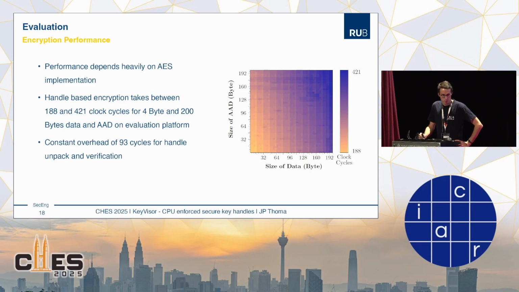For performance evaluation, of course, that also heavily depends on what kind of hardware implementation for the AES unit you choose, and you could imagine all kinds of area-performance trade-offs here. In our implementation, the handle-based encryption took between 188 and 421 clock cycles for data between 4 and 200 bytes, which are not really meaningful numbers without any comparison.